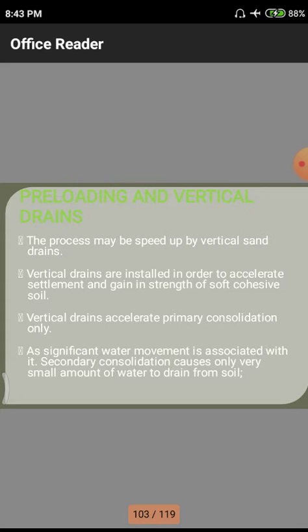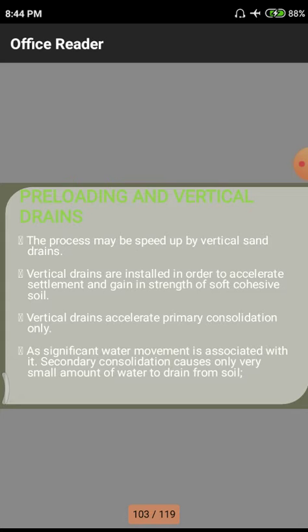Next, vertical drains accelerate primary consolidation only. We have primary consolidation and secondary consolidation. In primary consolidation we remove whatever water content is in the soil. But in secondary consolidation, where there was water there are automatically voids in the structure.